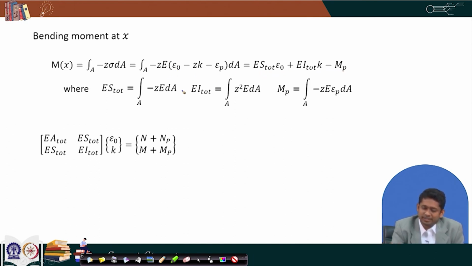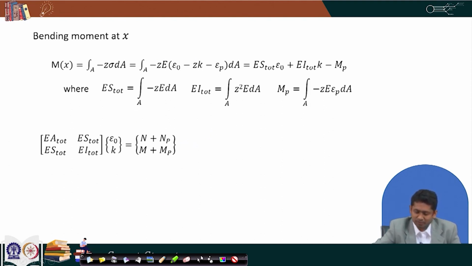E S total we already defined, and if I look at this quantity minus z kappa minus z E, then we have z square E integrated over the area, that gives us E I total, and we define minus z E epsilon p integrated over the cross sectional area as M p, bending moment corresponding to the free strain. So, if I combine these two equations, then we can write the combined equation in this form. So, this equation we will use again and again for different sub cases that we deal with.